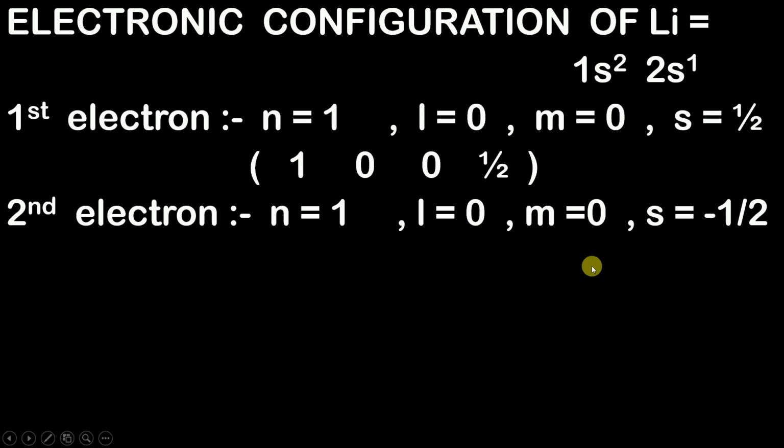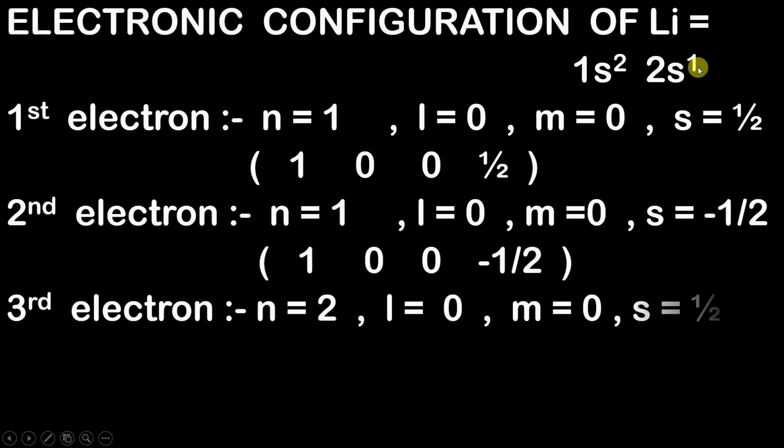Now consider the third electron, which is present in the 2s subshell. For the third electron, n is equal to 2. Now why is n equal to 2? Because it is present in 2s, and in this 2s, the 2 represents the energy level, which is n equal to 2.